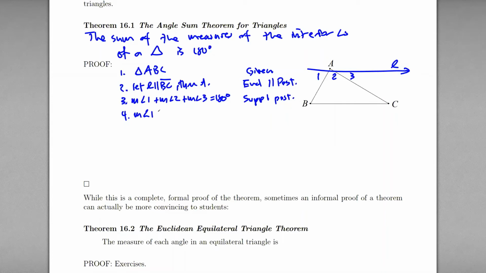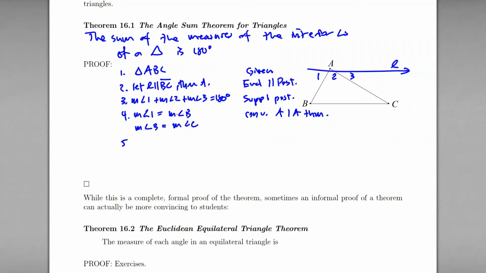So let's say the measure of angle 1 is equal to the measure of angle B, and the measure of angle 3 is equal to the measure of angle C. Right? 1 and B, 3 and C. And this is by the converse of the alternate interior angles theorem.